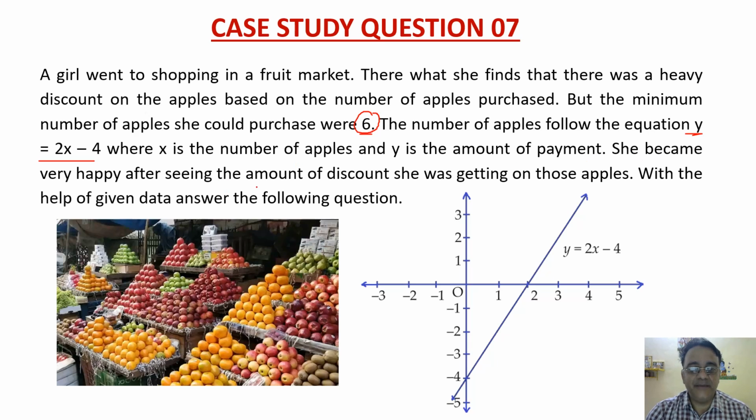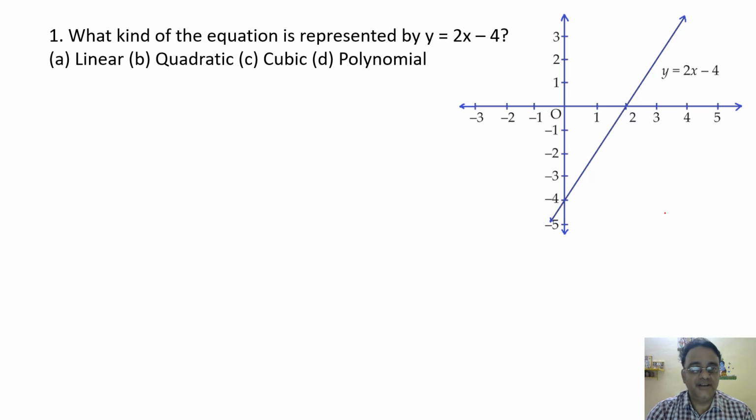She became very happy after seeing the amount of discount she was getting on those apples with the help of given data. Now we have to answer the following questions. So first question, what kind of the equation is represented by y is equals to 2x minus 4? So the answer is linear, right? Linear equation.